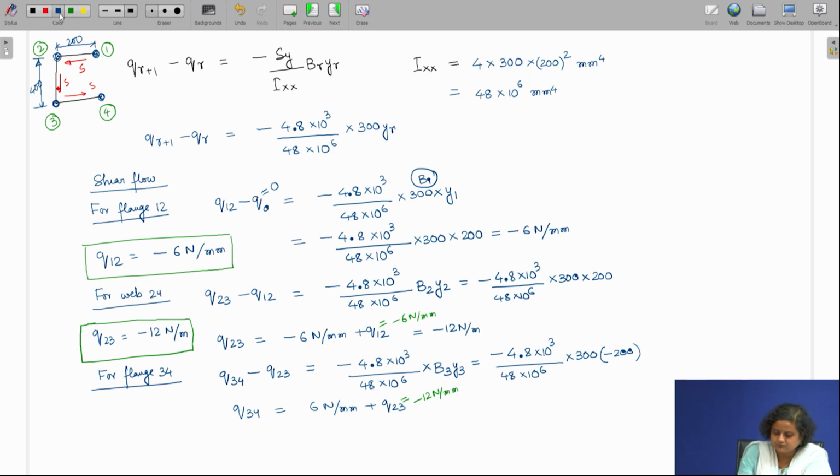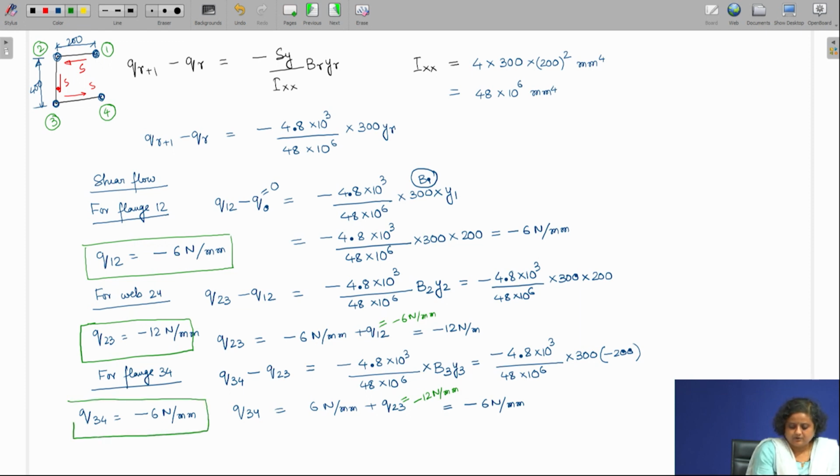Therefore, Q34 is minus 6 Newton per millimeter. So, now I have obtained the shear flow. Now, let me draw the cross section once more.